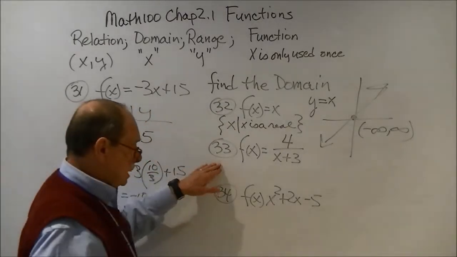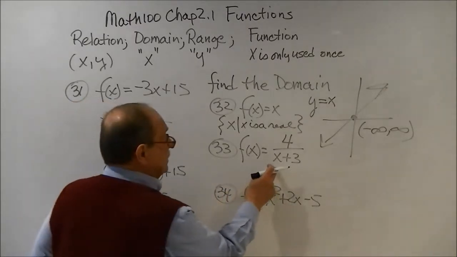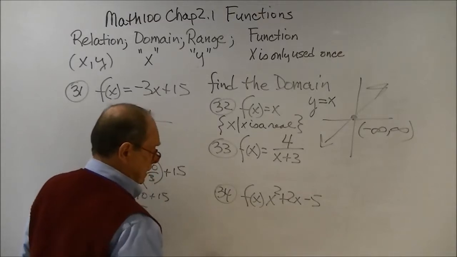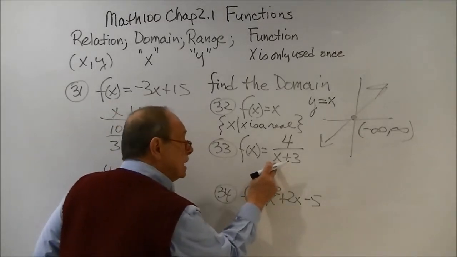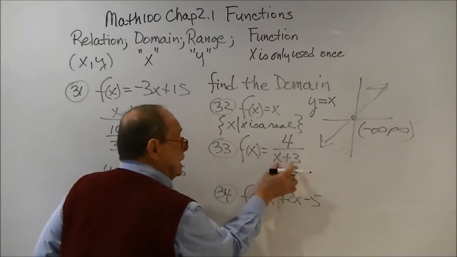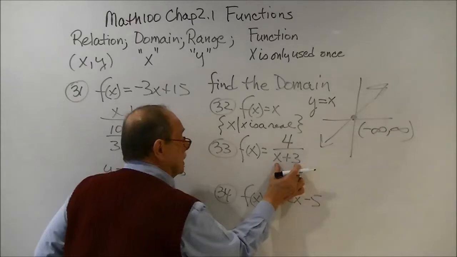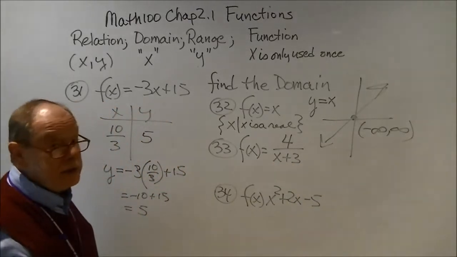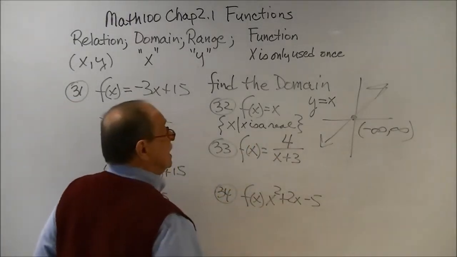This one's a little tricky because they're wondering what value of x would make this denominator a 0. Take a look at it. If x were a negative 3, a negative 3 plus 3 would make this a 0. And therefore, x could not be a negative 3. Otherwise, this would be undefined.